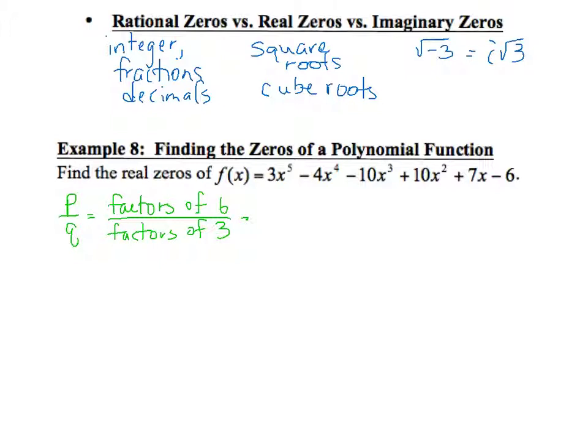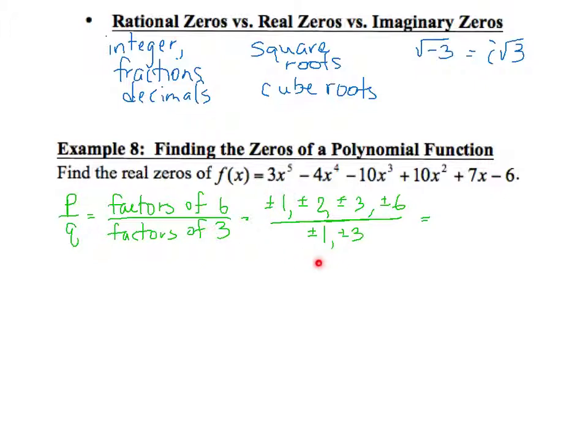So what we have here is factors of 6. Well, that would be plus or minus 1, plus or minus 2, plus or minus 3, plus or minus 6. All of your factors of 3. What you do is you compare everything on top with everything on the bottom.